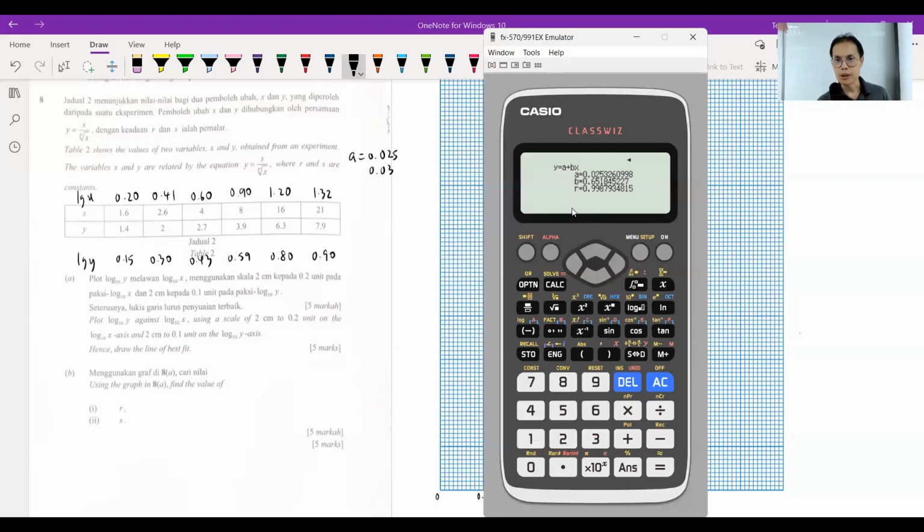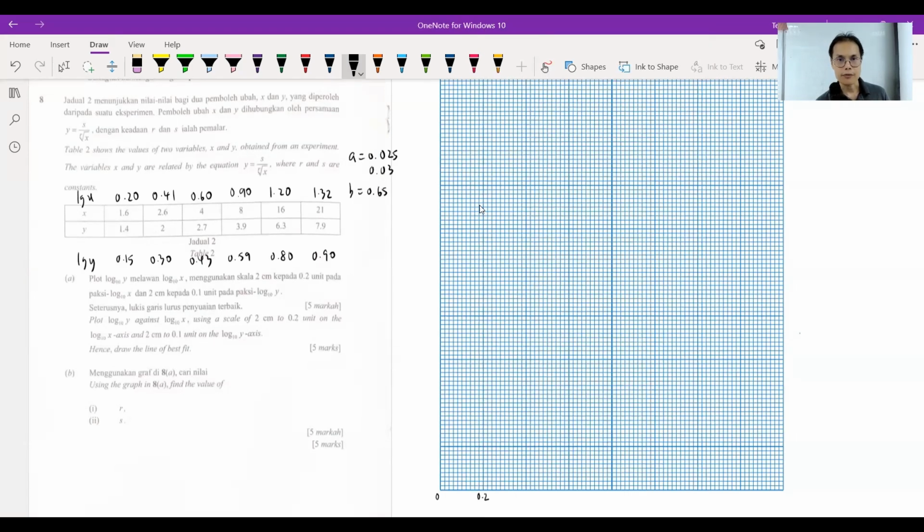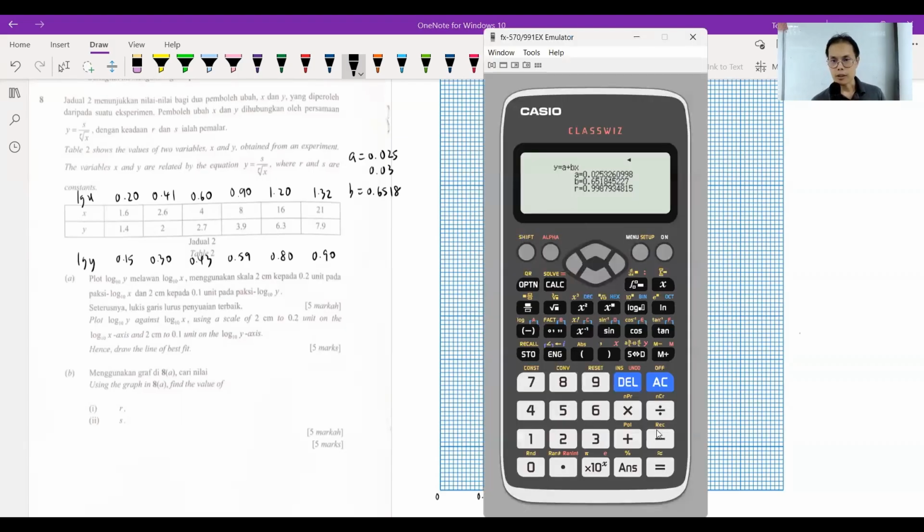Then how about your B? 0.6518. B represents the gradient, 0.6518. 0.65 will do. Okay, let's just counter check in case I made any mistake. You go to option, go to number 4 for data, check 0.2, 0.4, 0.6, 0.9. Okay, all good. 0.9, 0.8. Yeah, it's all okay.